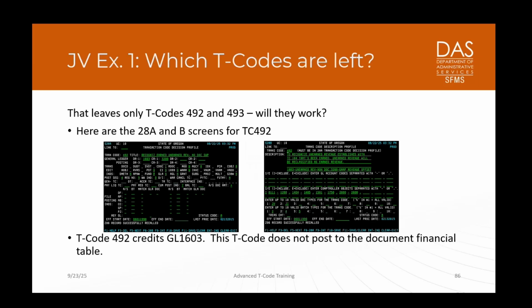So we need to consider when we're recognizing the revenues, we need to take into consideration the T codes originally posted to establish that unearned revenue. So you can use this T code if the original entry revenue was established with T code 164.